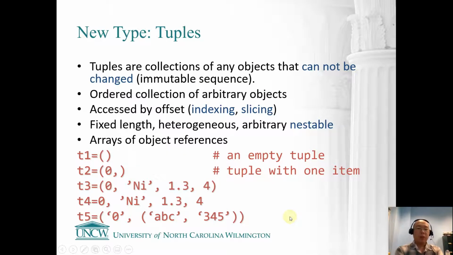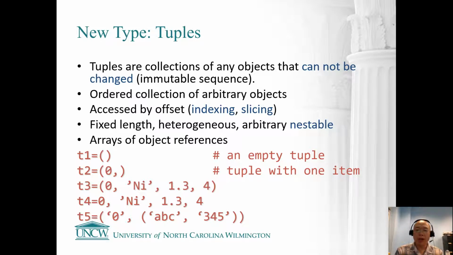For t3, I'm putting an integer 0, then a 9, then a float number, another integer number, in parentheses. Each member is separated by a comma. For t4, we have the parentheses removed. In Python, we do not have to use parentheses to define tuples, but it's better that we do.